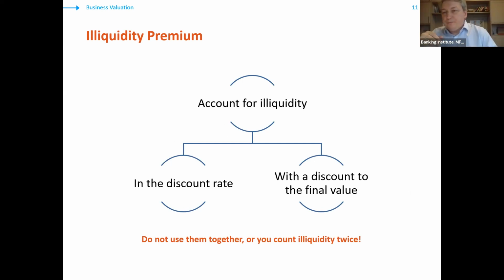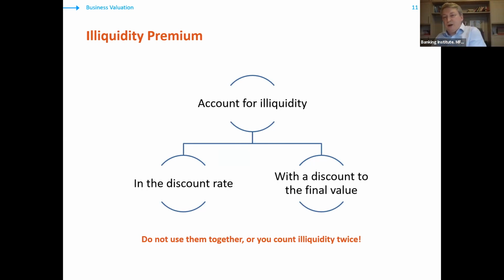For the illiquidity premium, just like with other premiums, we have two ways to include it in our valuation. You can either make your discount rate higher because of illiquidity. Usually people add things like 2-3% to the discount rate calculated for a public company, explaining that by this illiquidity premium.